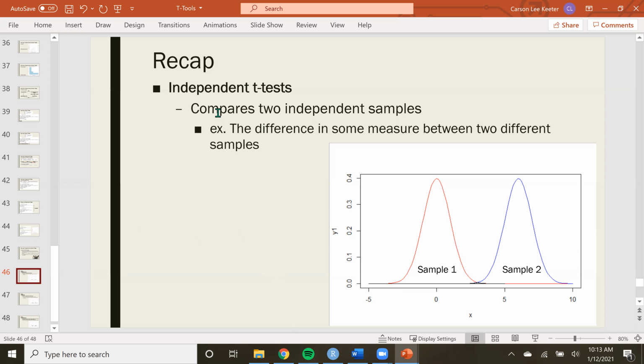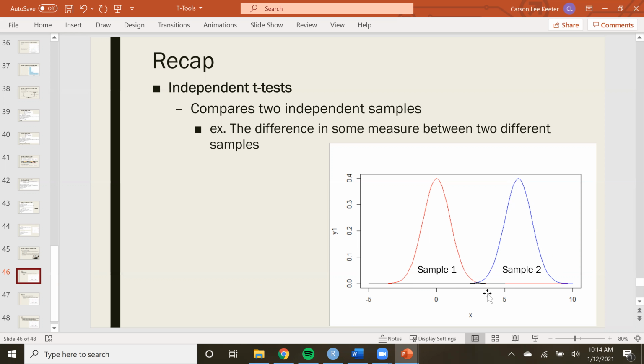Okay, and what's happening with the independent t-test is it's just saying how similar or how dissimilar these two samples are. Essentially, theoretically, this is what's happening in the background. We have our sample 1 and our sample 2, and we just want to see how much information overlaps.